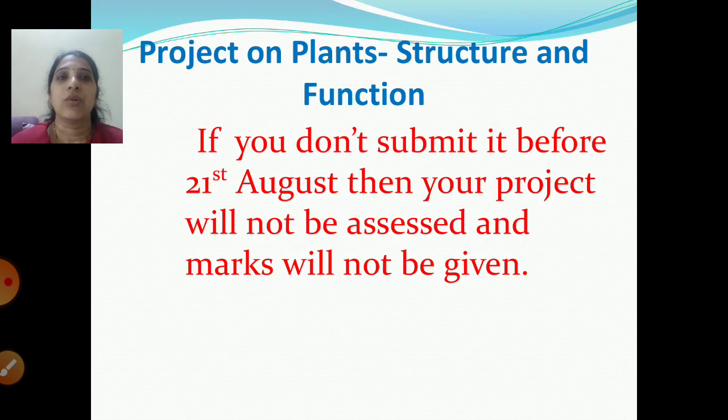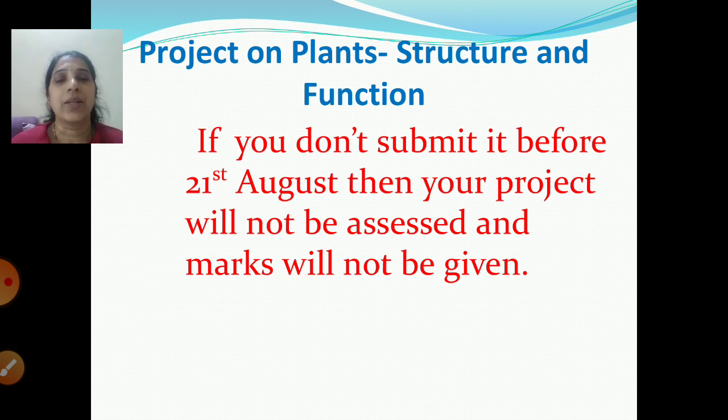If you don't submit it before 21st August, then your project will not be assessed and marks will not be given. Those students who have not done the project still have enough time to prepare it. So what was the project? It was based on the structure of a leaf. You are supposed to draw the leaf, color it and label it, and then explain each and every part of the leaf.